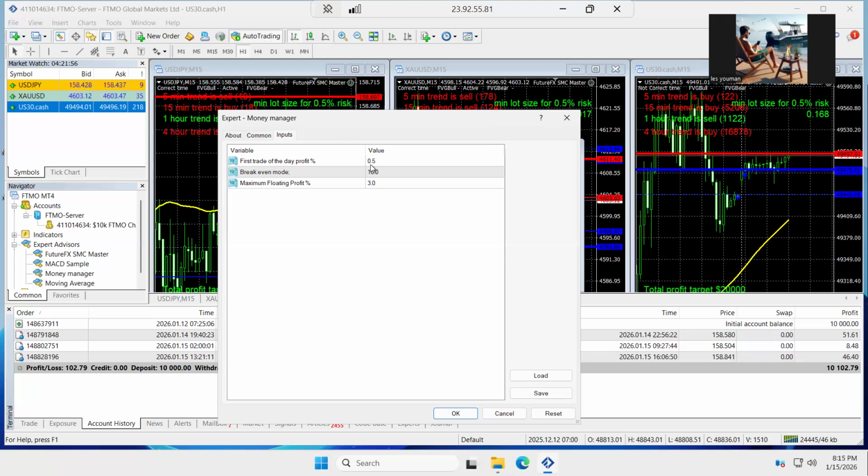Then if the next trade for the day is a losing trade, we're going to lose 0.5%. We're just back to break even. Whereas what can happen is, depending on the trade and the size of it, it might open up a trade and it might go into good profit.